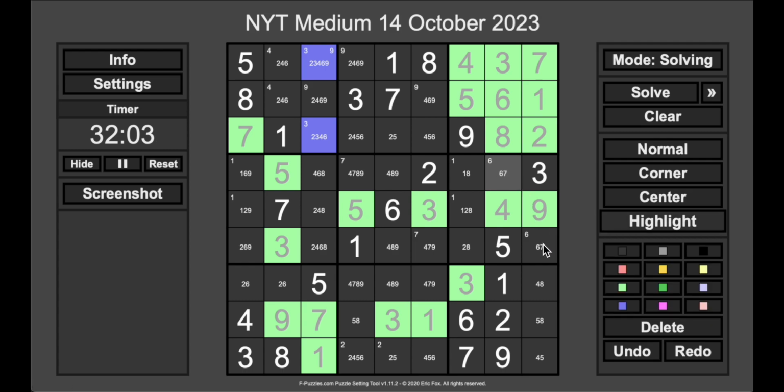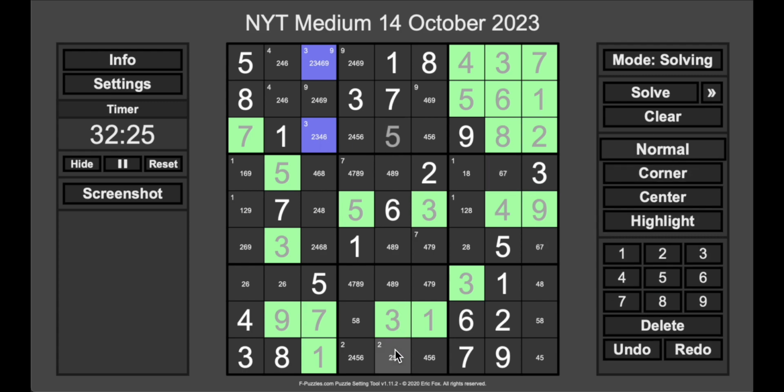That's not 8, so I've got a 6, 7 here. I may as well get rid of those corner 6s, because that doesn't do me any good. Let's see, 2 is going to force that to be a 5, which forces that to be a 2, and that one is therefore not 2.